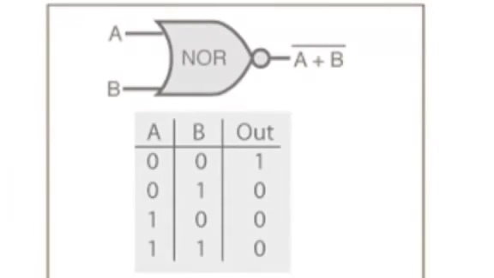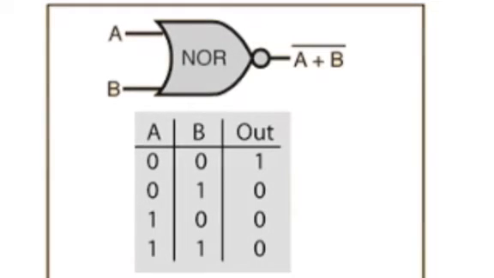Also, you have your NOR gate. What does the NOR gate state? The NOR gate is a combination of the OR gate and an inverter. It means an OR gate that is being inverted. What does that simply mean?